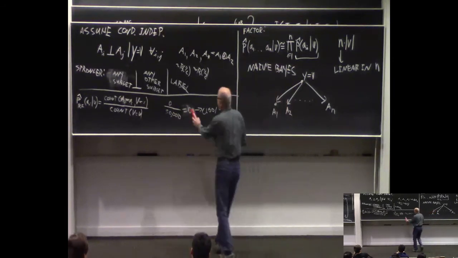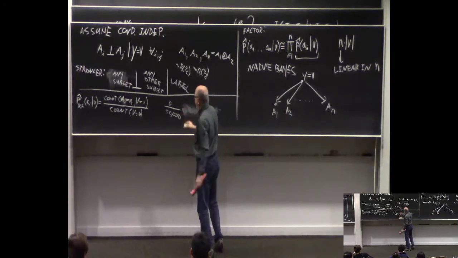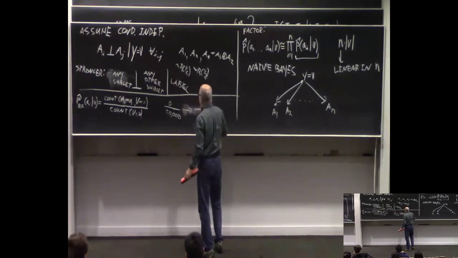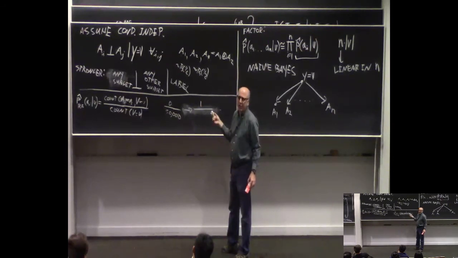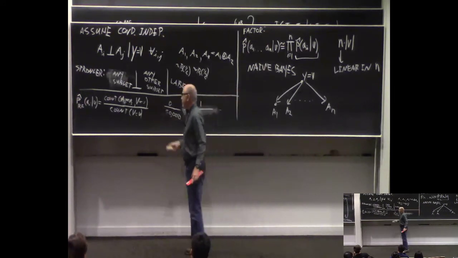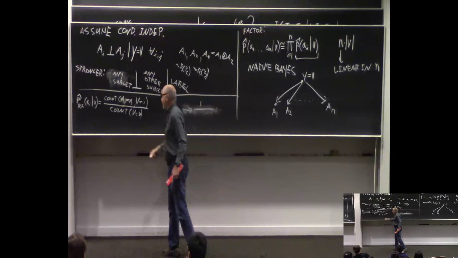So instead of it being 0 over 50,000, it becomes 1 over 50,001. Now we need to add 1 for every possible attribute value combination.